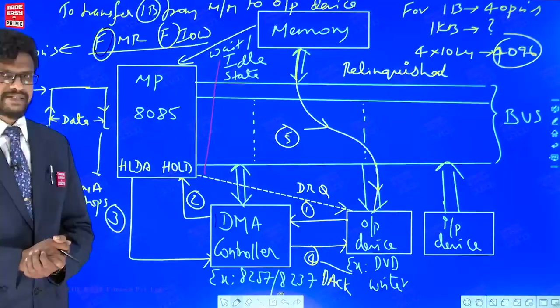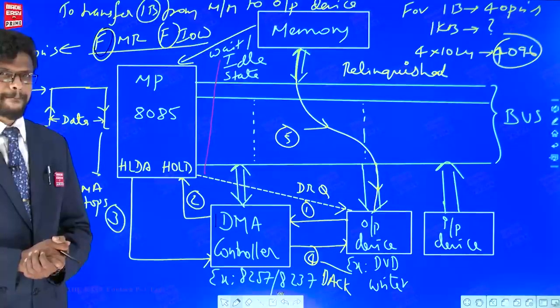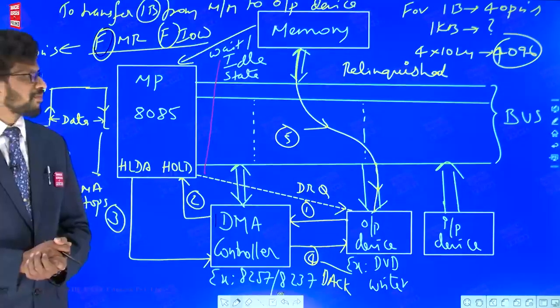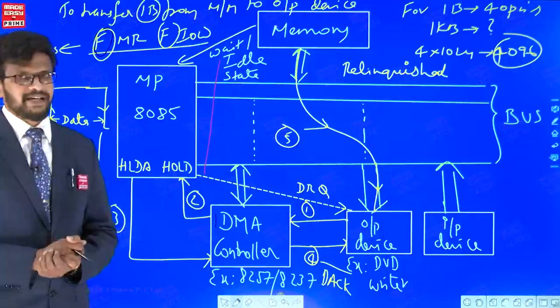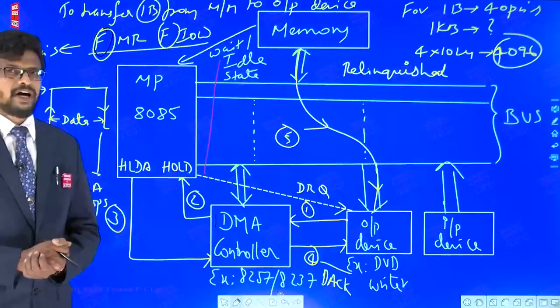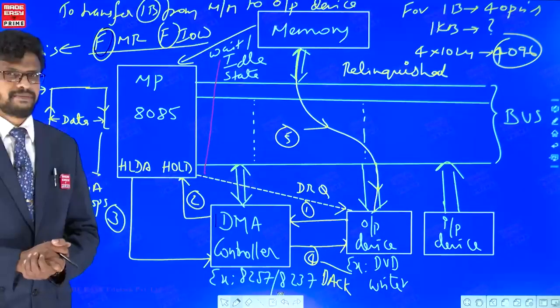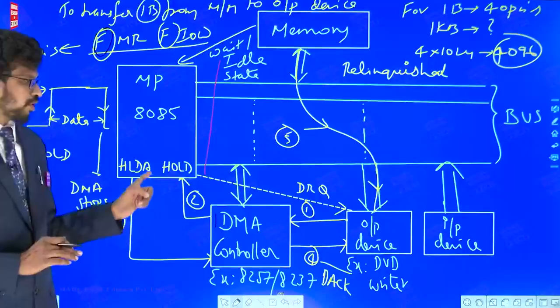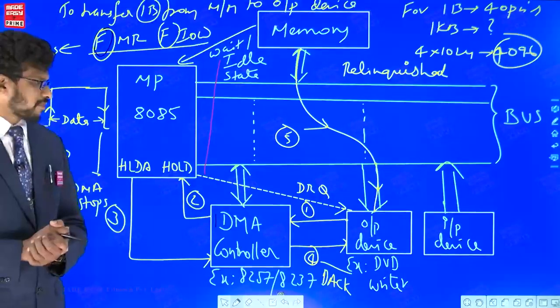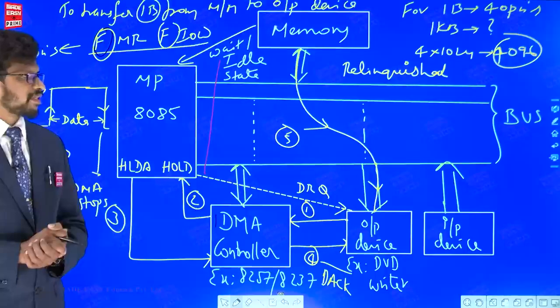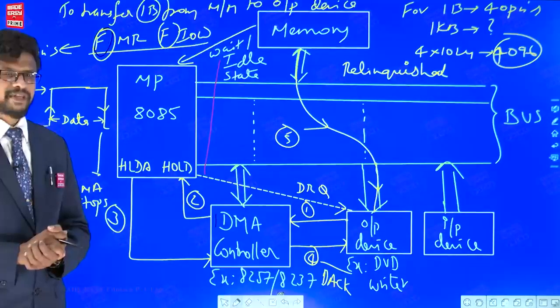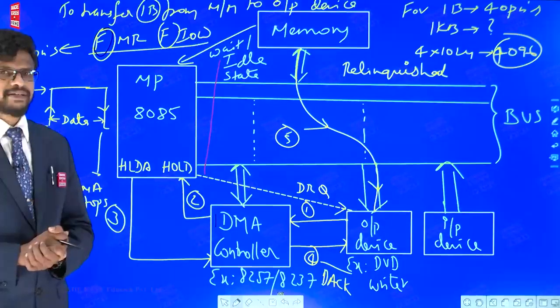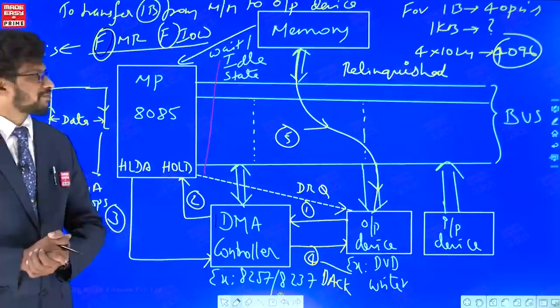Till the whole data is transmitted between memory and IO, the hold signal remains high. After the data transmission is completed, the hold signal is pulled down by DMA controller such that the control of buses is again taken over by the processor.